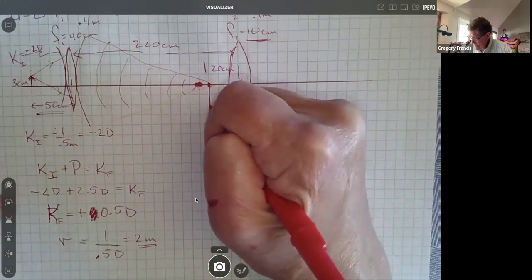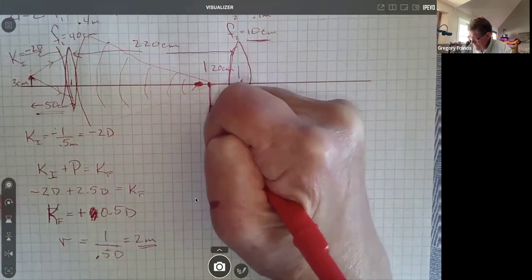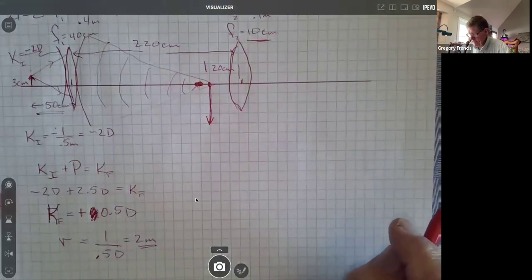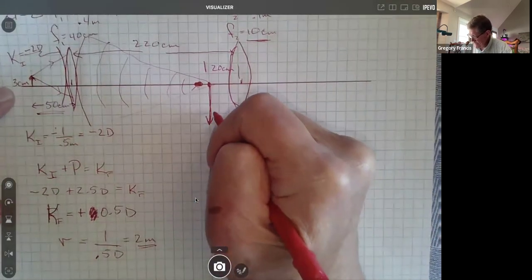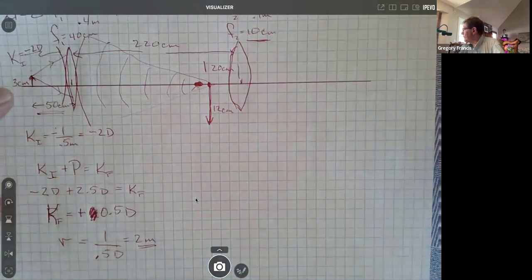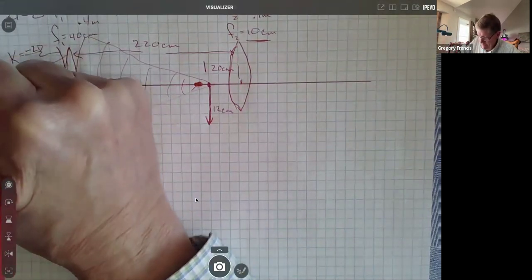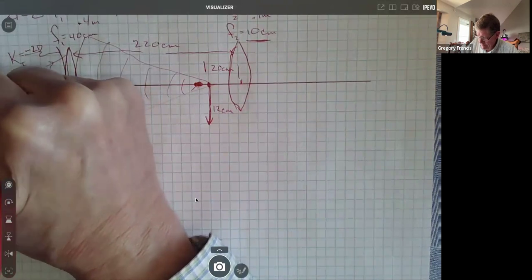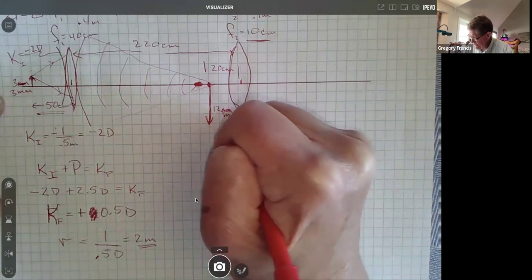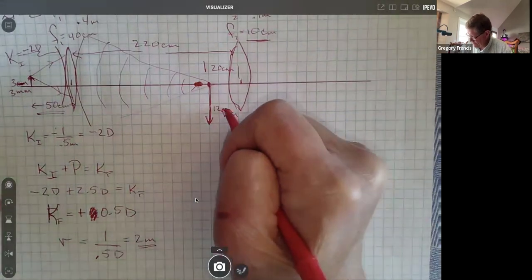And that means it's going to be upside down. And I also know that it's going to be 4 times as big. It's going to be 12 centimeters tall. Scratch that. This thing started out 3 millimeters tall, and so this is going to be 12 millimeters tall. Okay, I have to stay true to the problem.